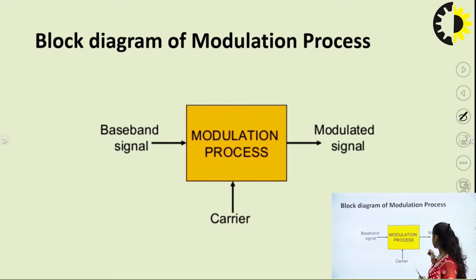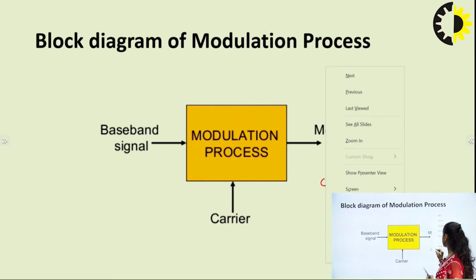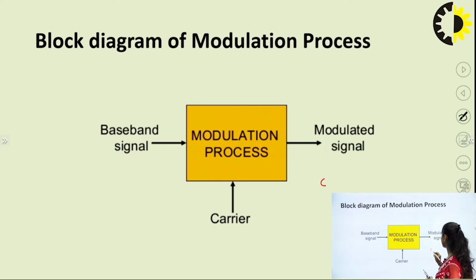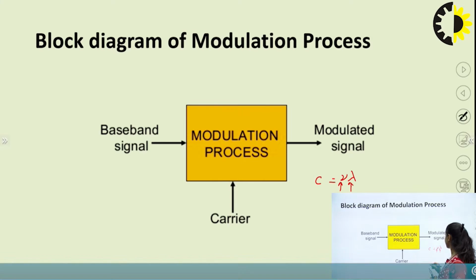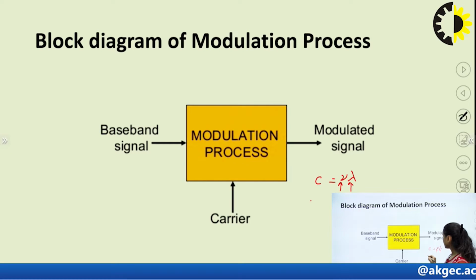We know that the velocity of light can be related to the frequency and wavelength in such a way, right? And we know that the height of the antenna is proportional to the wavelength, one quarter of it.